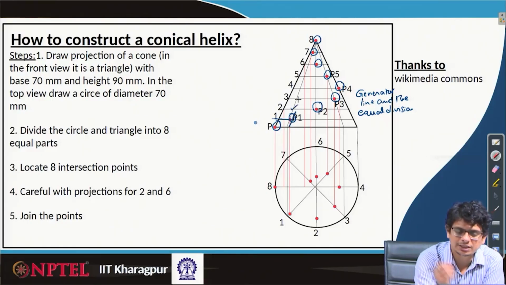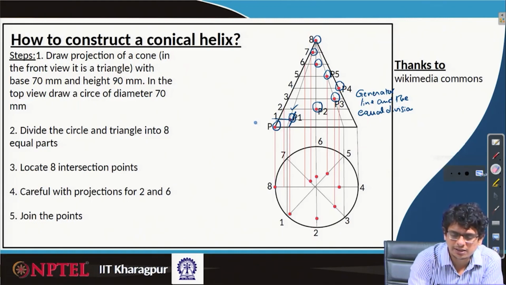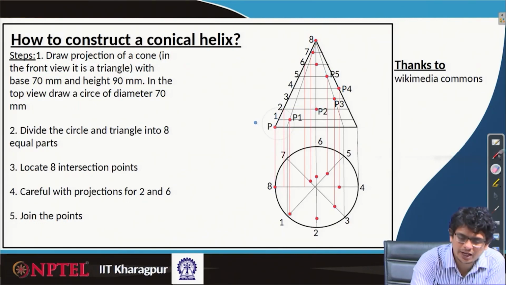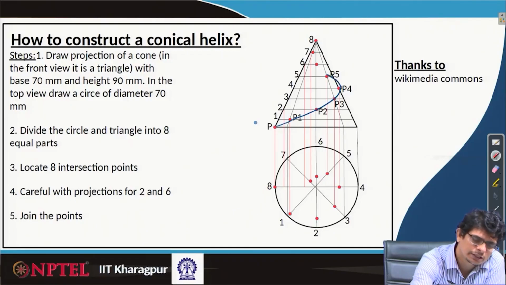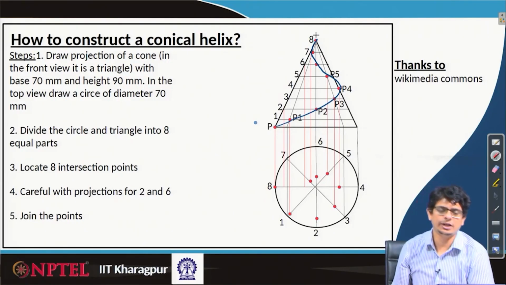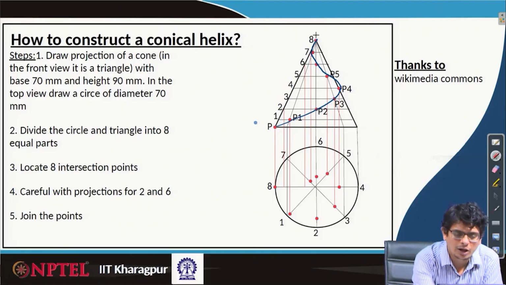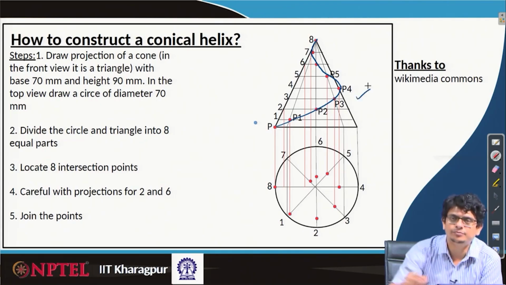In that way we will construct all these stop points. Once these points are done, we can make a freehand sketch passing through P1, P2, P3, P4, takes a turn, goes via that. This is the way we construct a conical helix winding a cone on the top side.